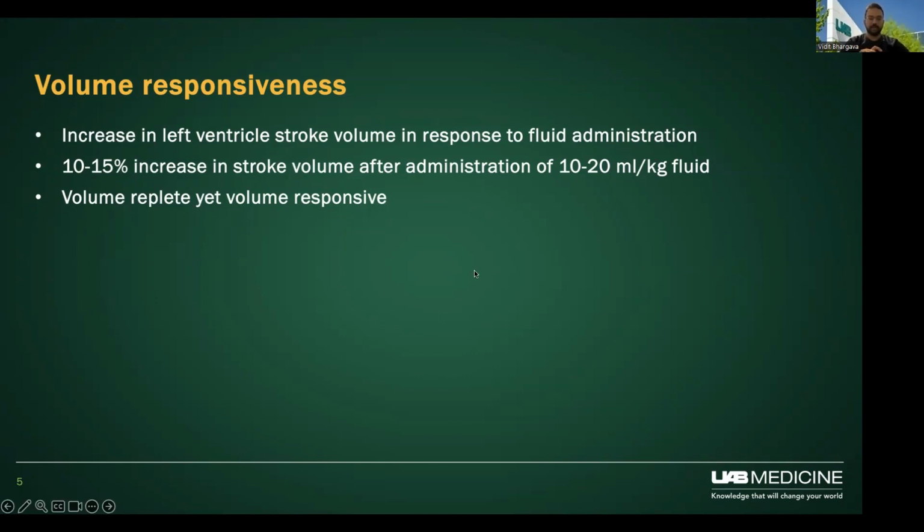And this is the concept that helps differentiate some of our patients who may be volume replete and yet can still be volume responsive. So think about that for a second as we move on to the next slide.